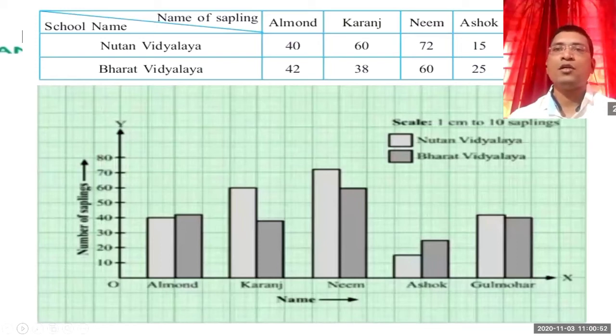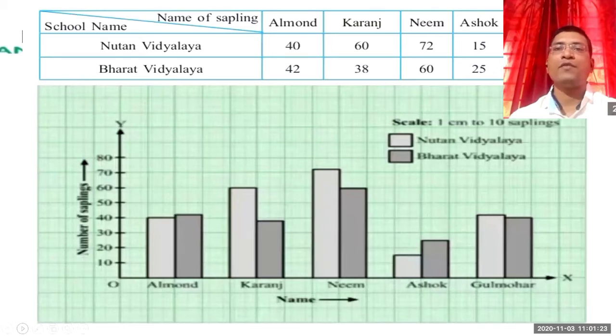Now almond, you will notice Nutan Vidyalaya is of empty box, and Bharat Vidyalaya is of black color. White color and black color, two colors shown on this joint bar graph. Almond, Nutan Vidyalaya, how much? 40. And Bharat Vidyalaya planted 42 of almond.